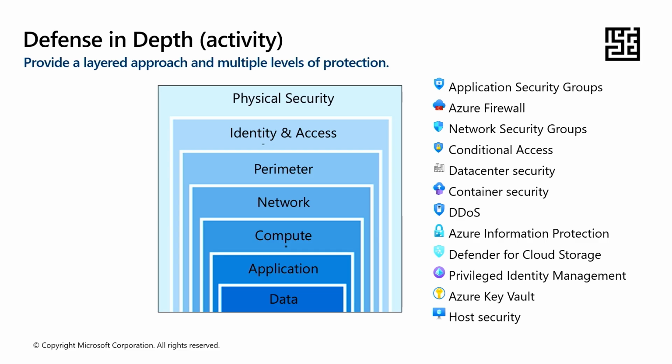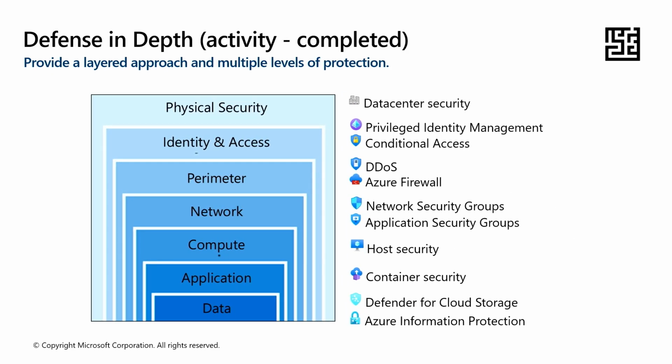Think, what other solutions can help us protect our workloads for each and every layer? Keep in mind, we can mix Microsoft and non-Microsoft controls as long as they fit our needs. All right, have you already come up with a solution? Let's see where each and every service fits.